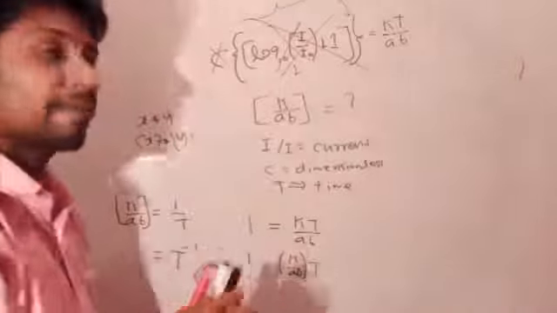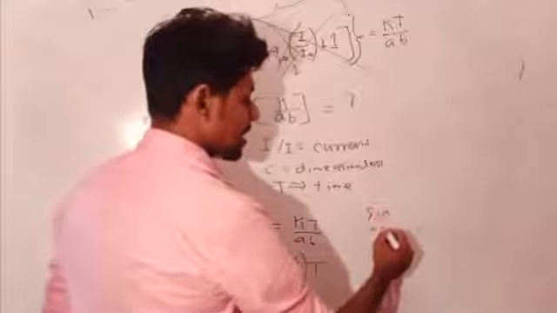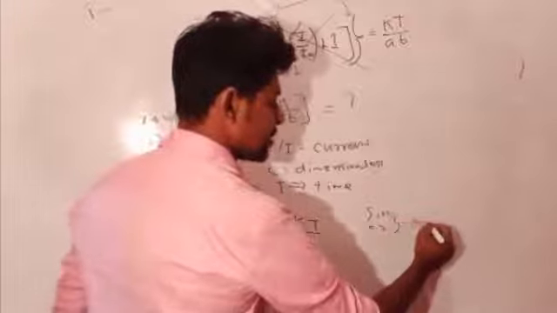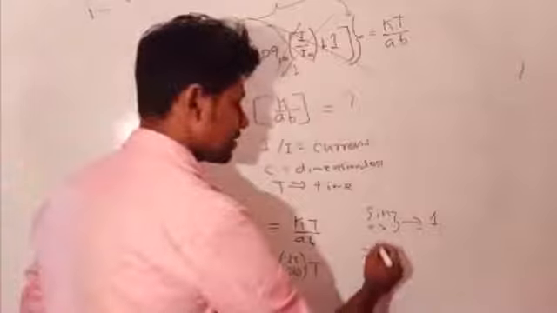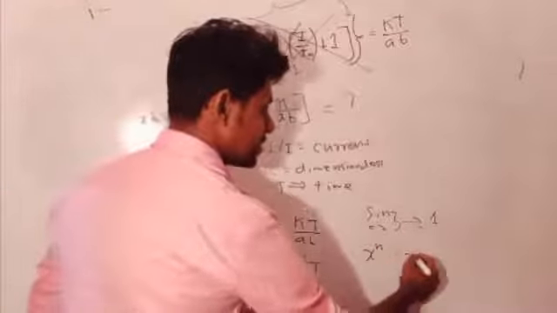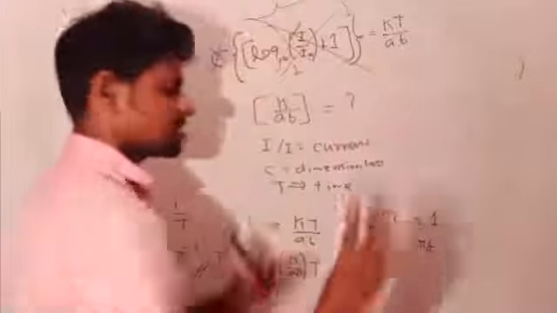And just keep in mind, when you find any sine, cos, tan, any trigonometric ratio, the value is going to be 1. Any x to the power n, that means anything, it can be like e to the power minus 5 over t, whatever. It doesn't matter, right?